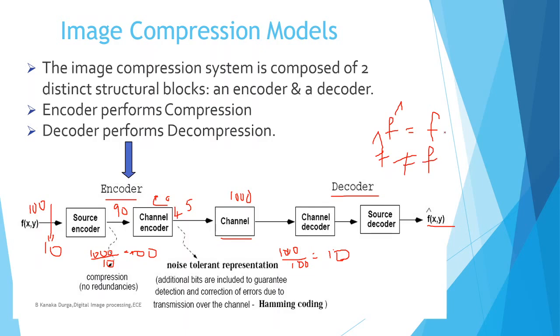If it is equal, it is called lossless data compression. If it is not equal, it is lossy compression, because we are losing information in the image. That's why it is called a lossy compression model.